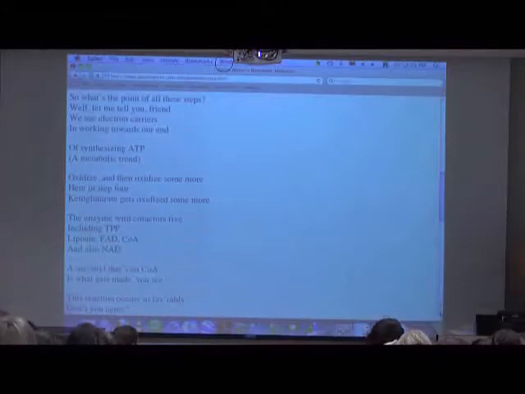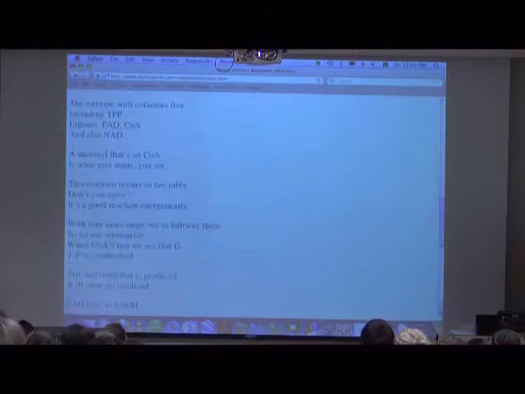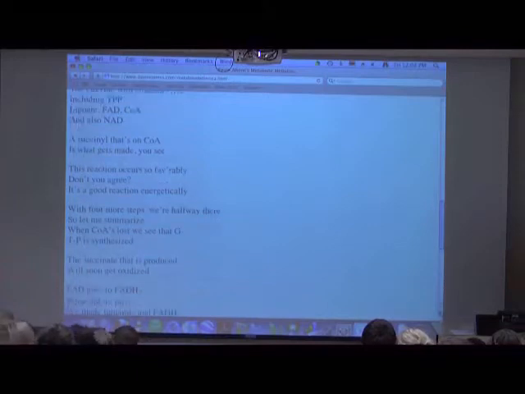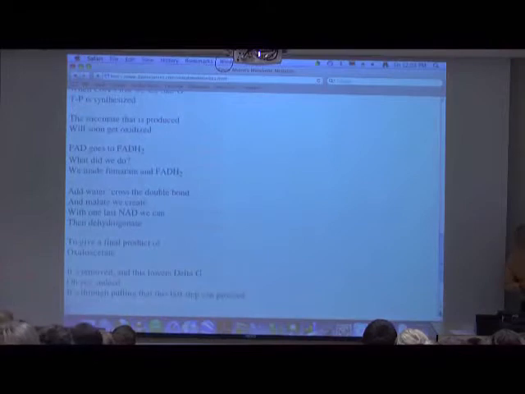The enzyme with cofactors 5, including TPP, lipoate, FAD-CoA, and also NAD. A succinyl that's on CoA is what gets made, you see. This reaction occurs so favorably. Don't you agree? It's a good reaction energetically. With 4 more steps, we're halfway there, so let me summarize. When CoA is lost, we see that GTP is synthesized. The succinate that is produced will soon get oxidized.